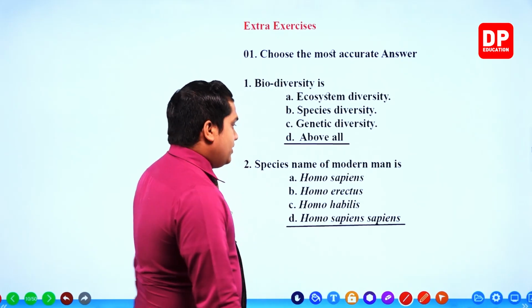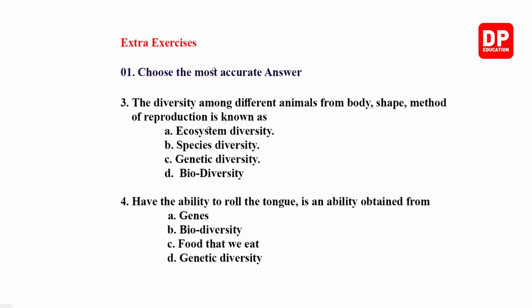Okay. Right then. The diversity among different animals from body shape, method of reproduction is known as ecosystem diversity, species diversity, biodiversity, genetic diversity.